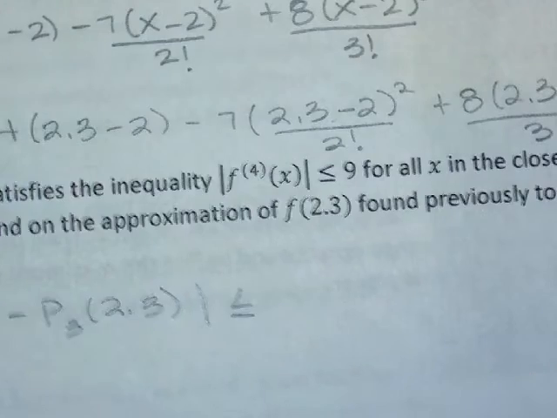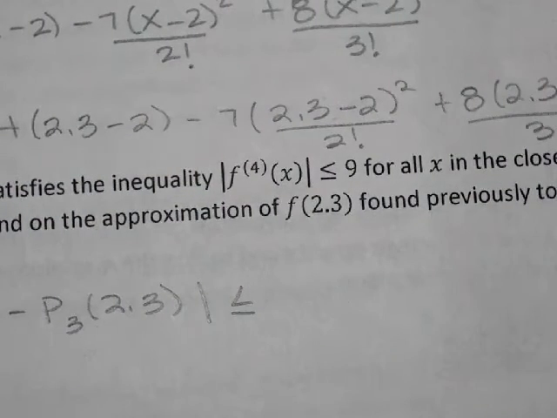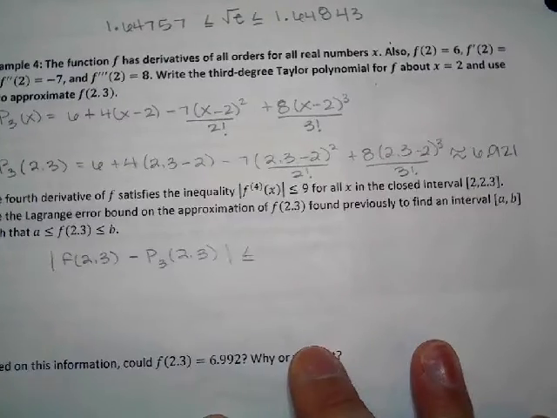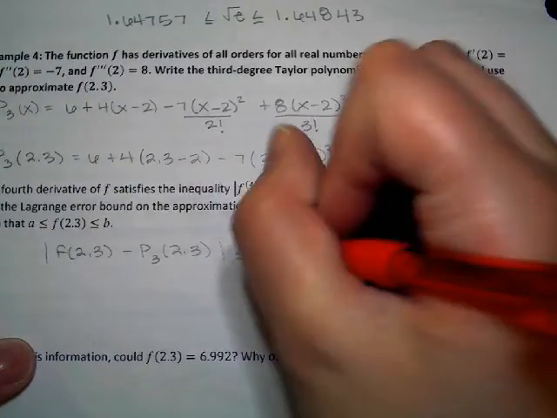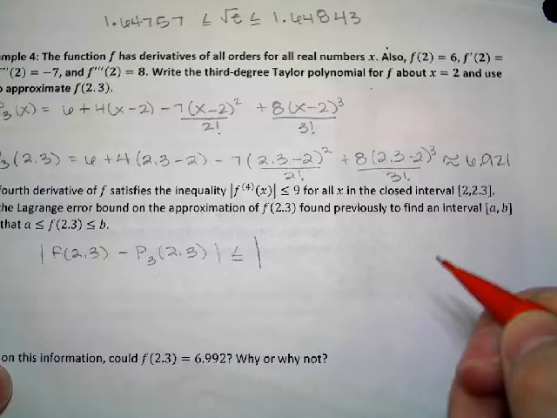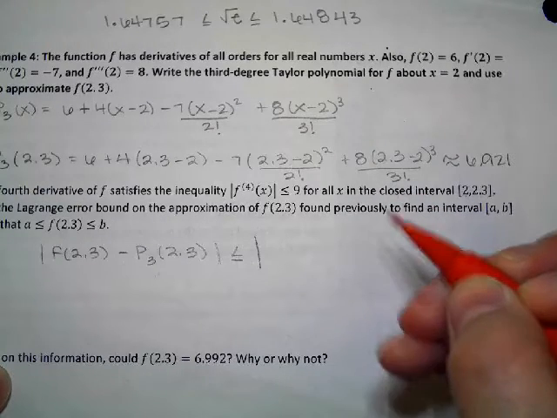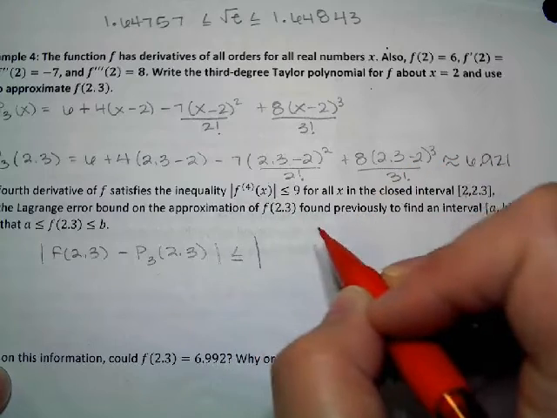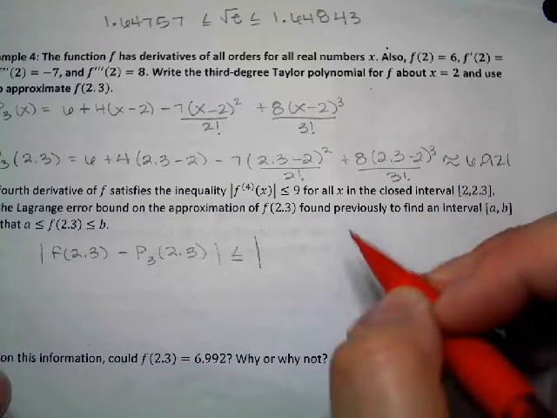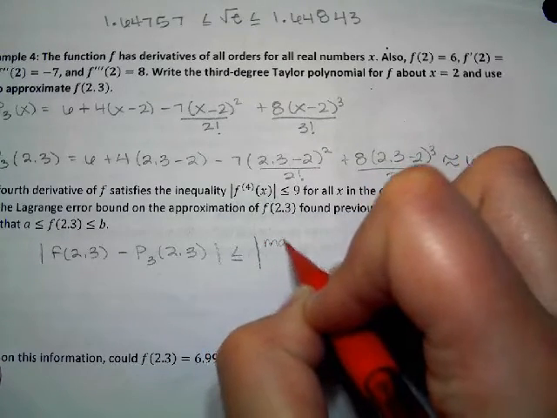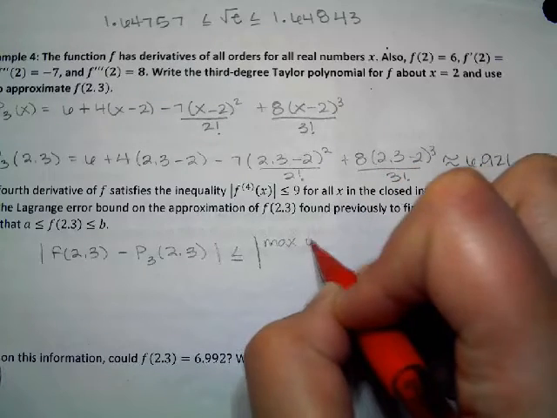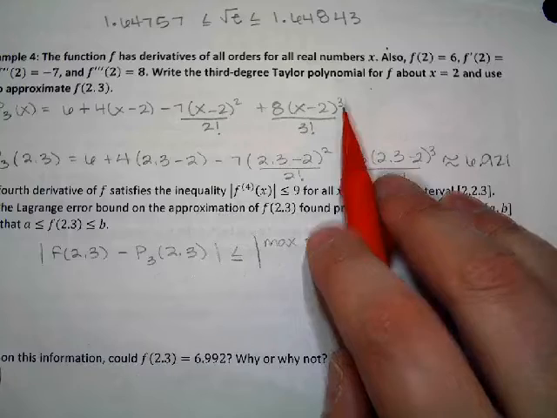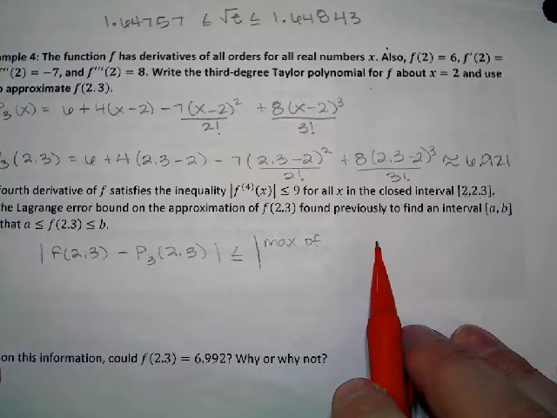Okay, and then what do I write? Let's not plug anything in yet. Let's just write what we're doing so that we have good notes. So we're going to say the max of. We were on the third term here, so what's going to be the error? The fourth term. So it's going to be the max of what derivative? The fourth derivative.